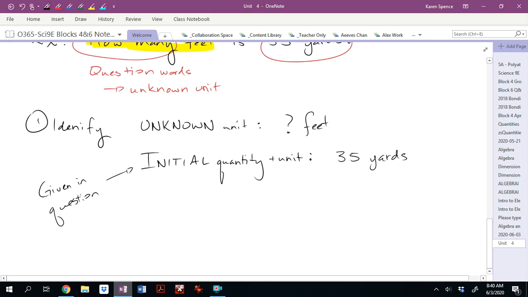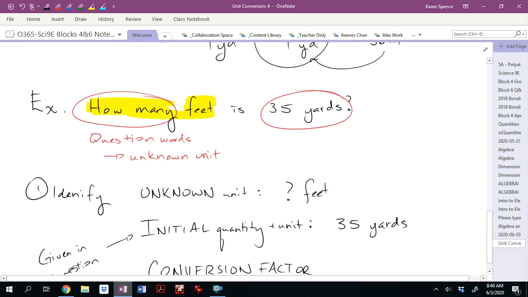And if we have our unknown and our initial quantity, then finally, in order to solve this problem, we also need a conversion factor. I haven't told you the conversion factor yet, but the question is how many feet is 35 yards, and I should be telling you that 1 yard is equal to 3 feet. There are 3 feet in 1 yard.